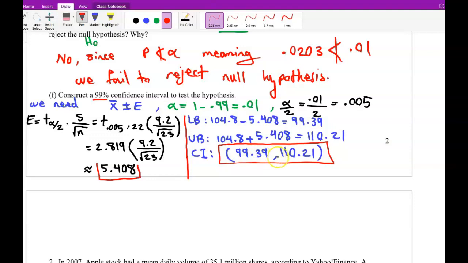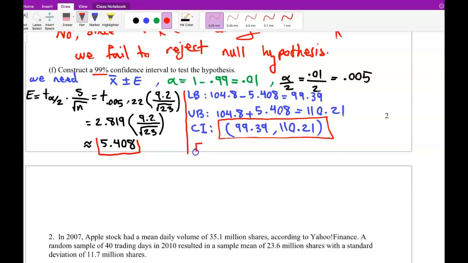Since I have mean equal to 100 in this interval, that's why we failed to reject the null hypothesis.